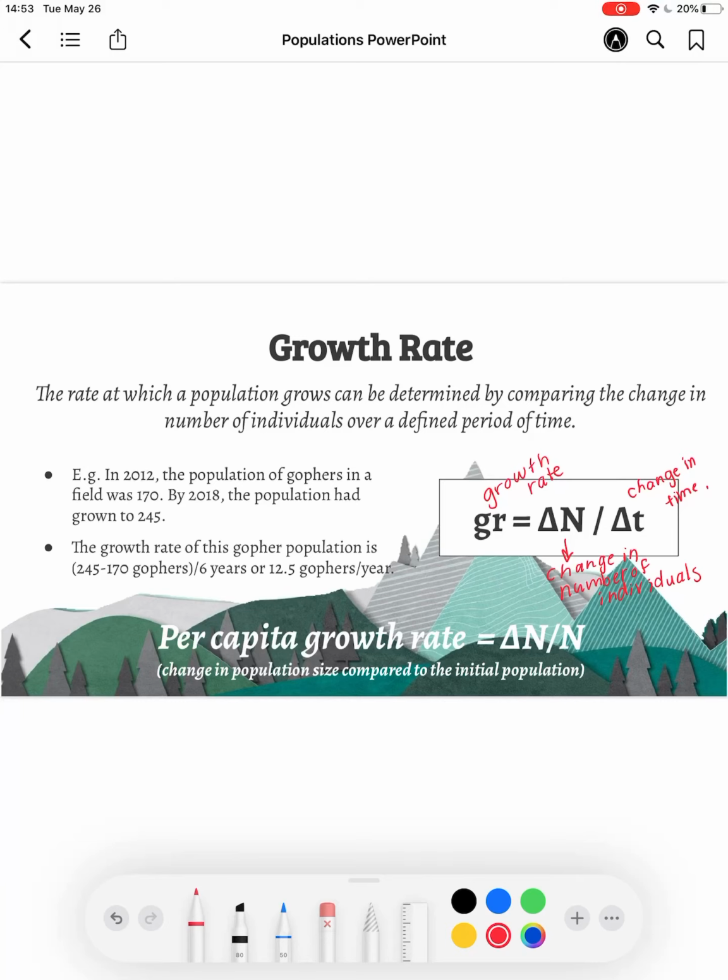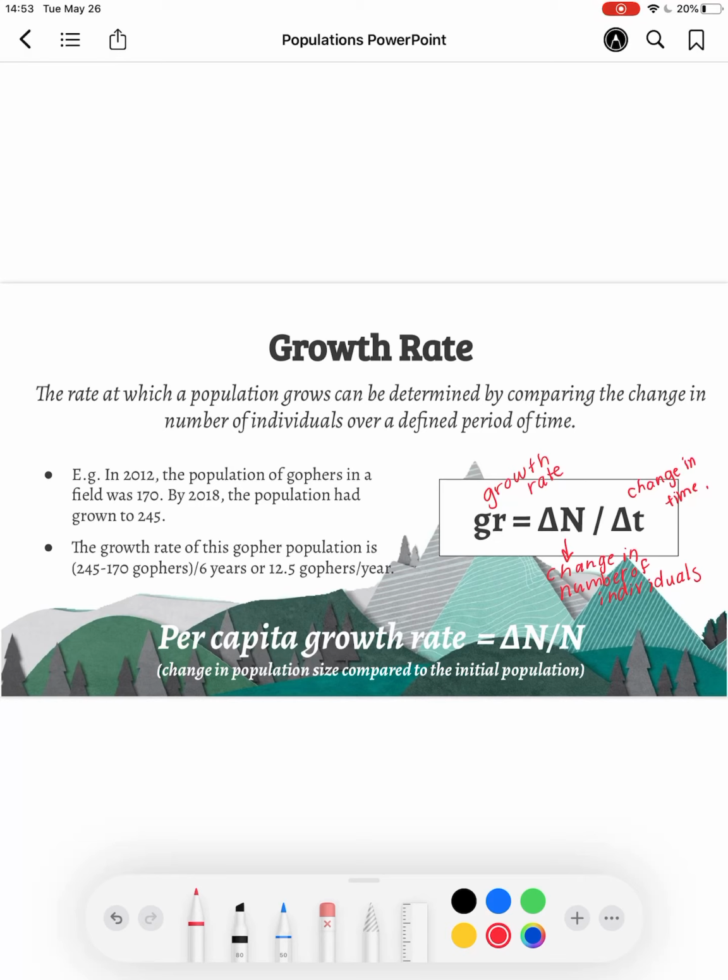And the per capita growth rate is basically showing the change in a population size compared to its initial population. If we look at a population that has one individual living in it and we look at it the next year and there are two, it has actually grown 50%.